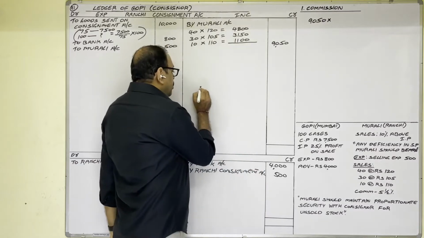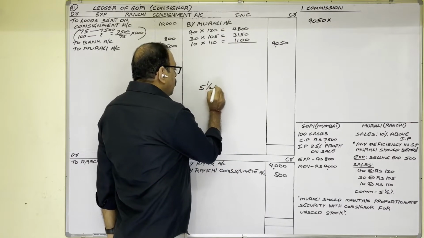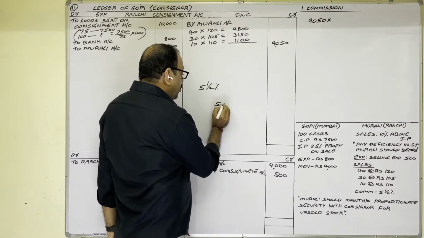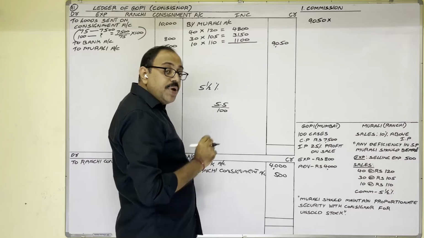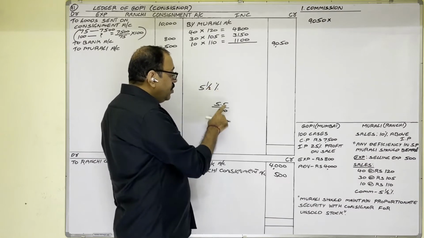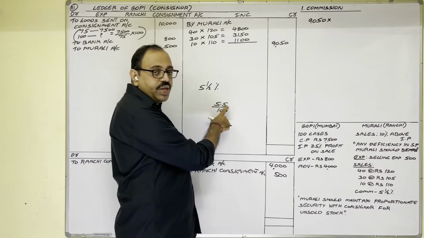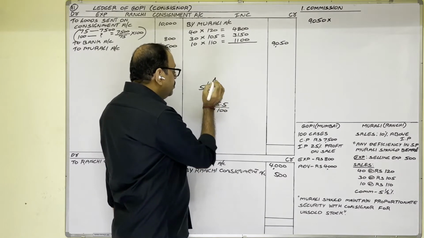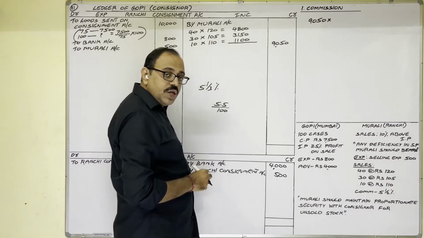See, 5.5% means we can take it as 5.5 divided by 100. Here 1 by 2 is given, therefore I have taken 0.5. Suppose 1 by 3 is given, then how much should we take?